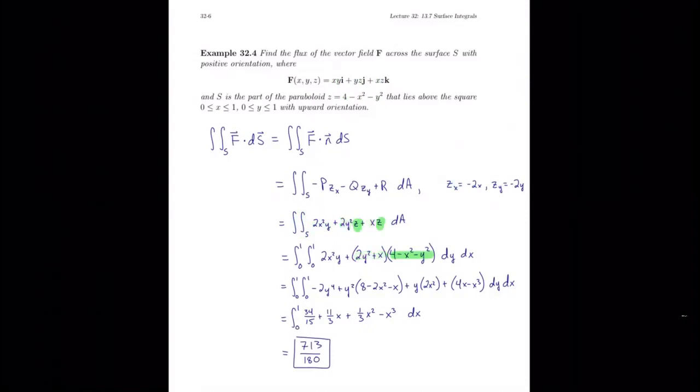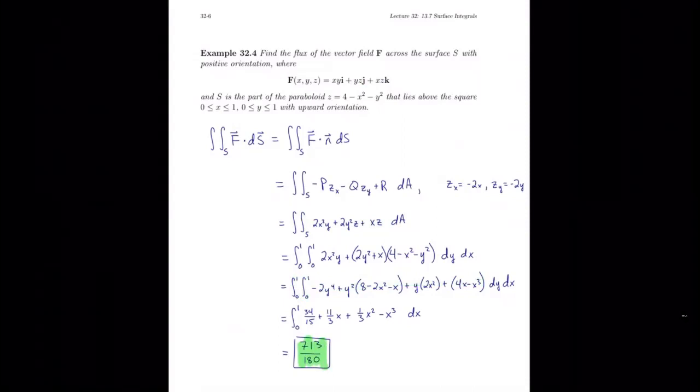Everything now is in terms of x and y. It's a bit of a polynomial mess, but here we see we've organized everything by powers of y. We decided to integrate with respect to y first. Of course, those are interchangeable because we are integrating over a rectangle. Everything's constant, so it's not going to hurt anything to change the order. And being careful in doing so, we arrive at 713 over 180 as our answer.